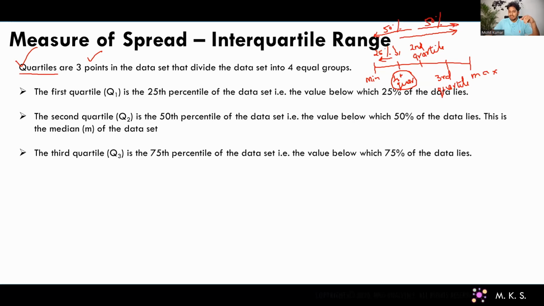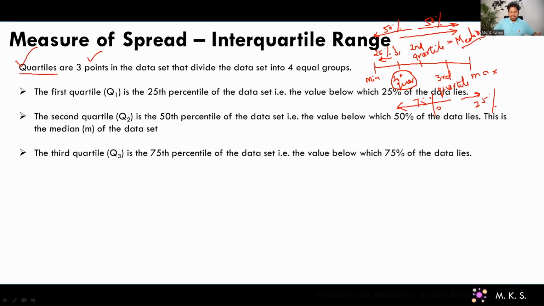I am pretty sure you know there is a specific name for the second quartile. That is the median, guys. The second quartile is nothing but the median, because the median divides your data into 50%: 50% of the values lie above the median and 50% lie below. That's how we define the median, the central tendency. And the third quartile is where 75% of the observations lie below this number and 25% lie above it. That is your third quartile.